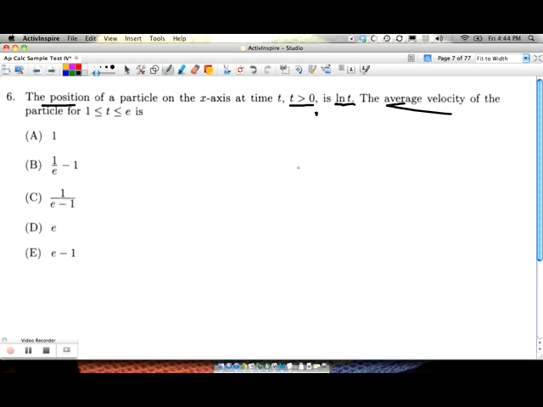I'm given position. I'm asking about average velocity. How are position and velocity related? I need to understand that in order to understand this question.